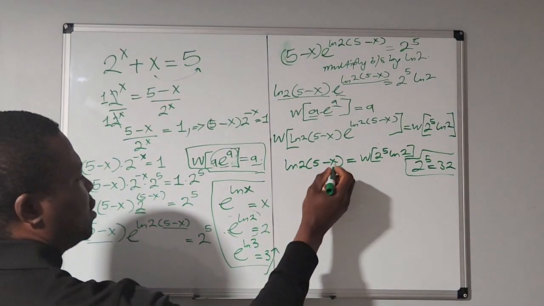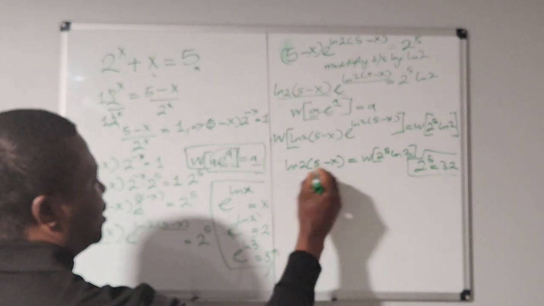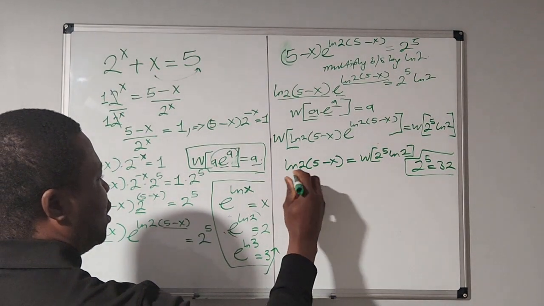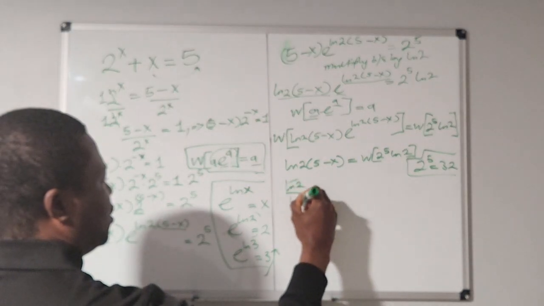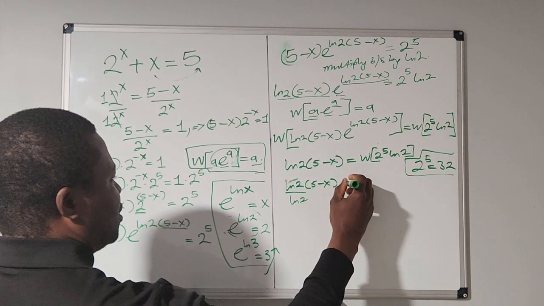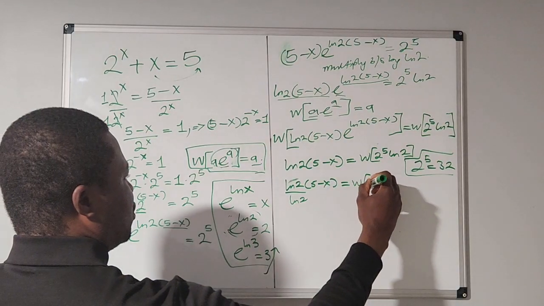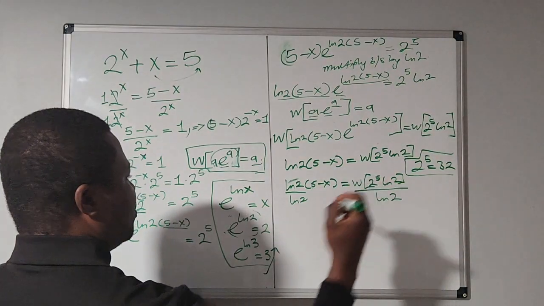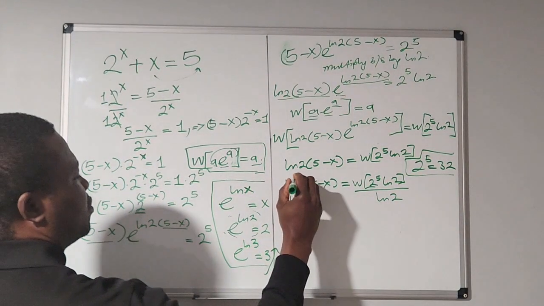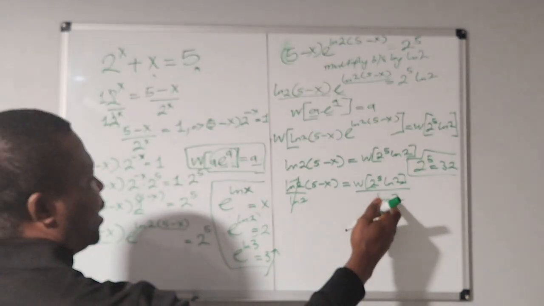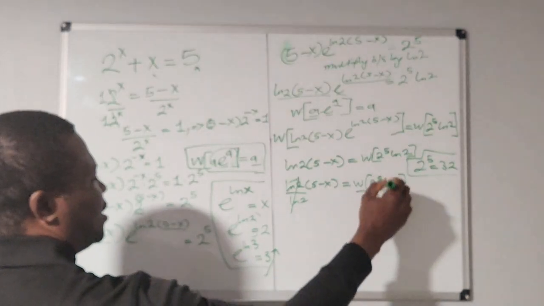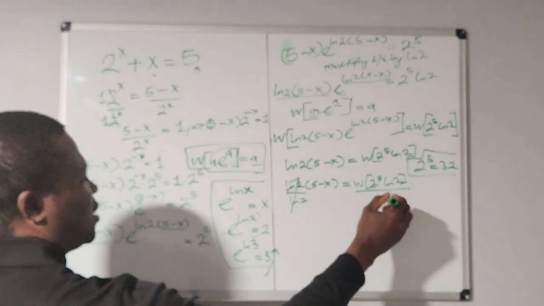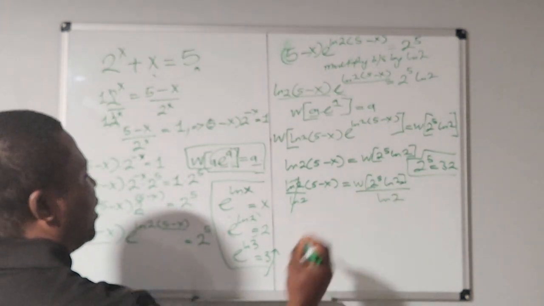Right, so to get the value of x, we need to divide both sides by ln 2. So we have ln 2 (5 minus x) over ln 2 equals W of 2 raised to the power 5 ln 2 divided by ln 2. Okay, that cancels out. We cannot cancel out this ln 2 because this is a function in itself. This is a value, so we can't just cancel this out. So this stays this way.